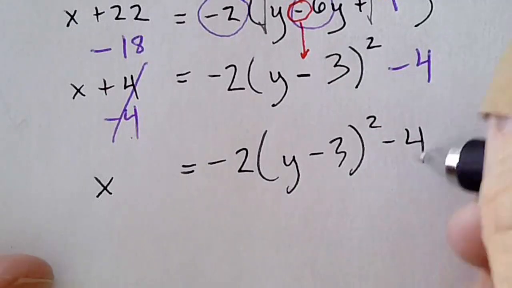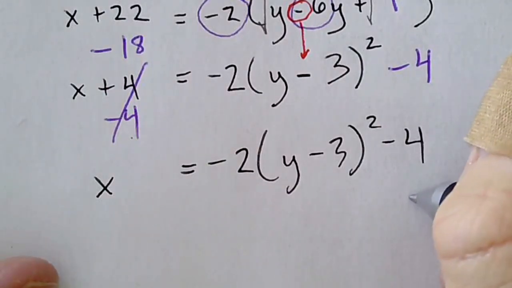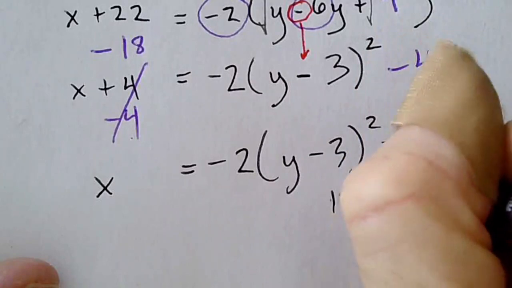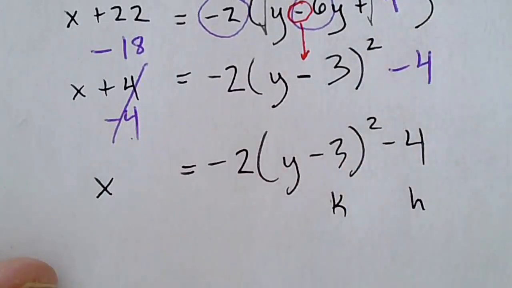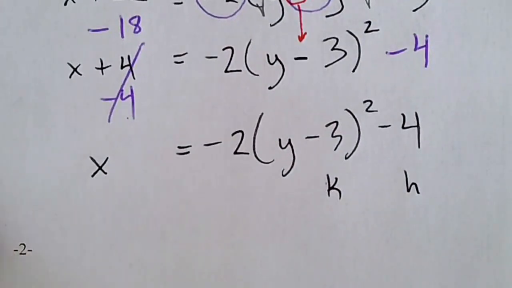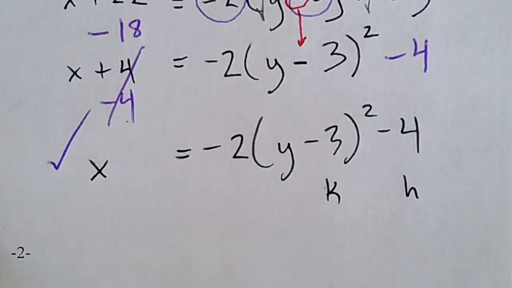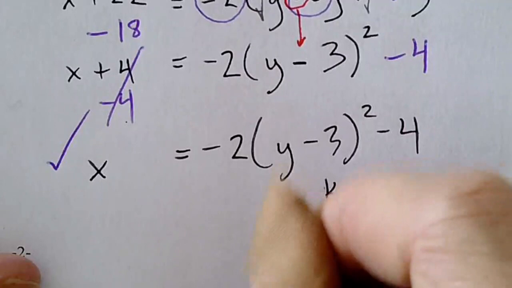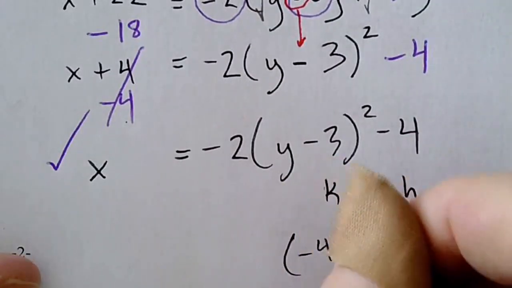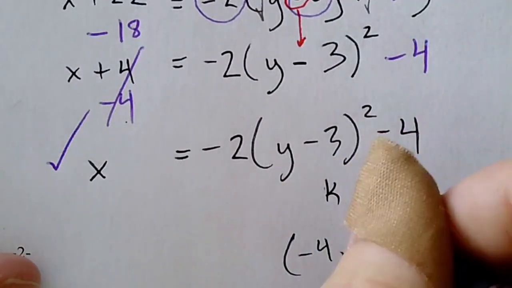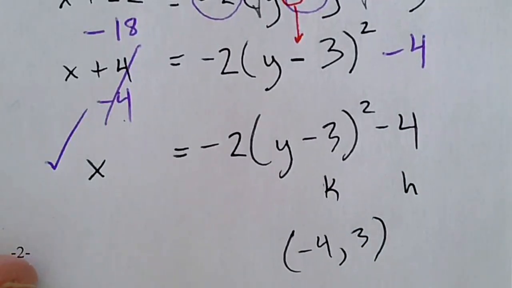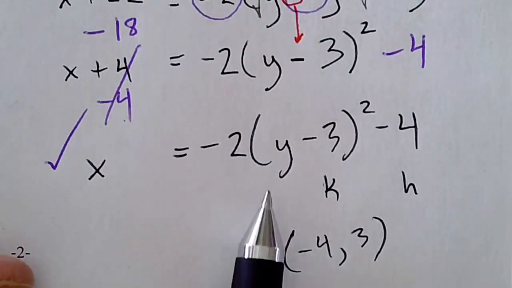So this is your h, and this is your k. This is the opposite of your k. If that makes any sense. This is the second part of our answer. And then our vertex is actually negative 4, 3, because it goes with the y, you see.